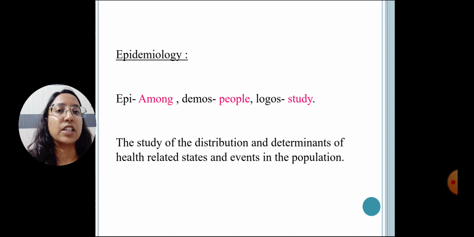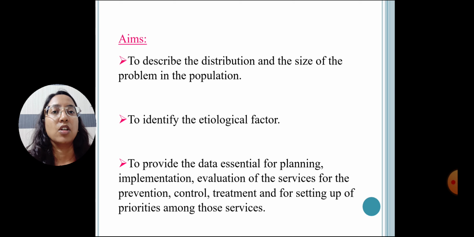By definition, we can say epidemiology is the study of the distribution and determinants of health related states and events in a population. So why do we have to conduct these epidemiological studies?